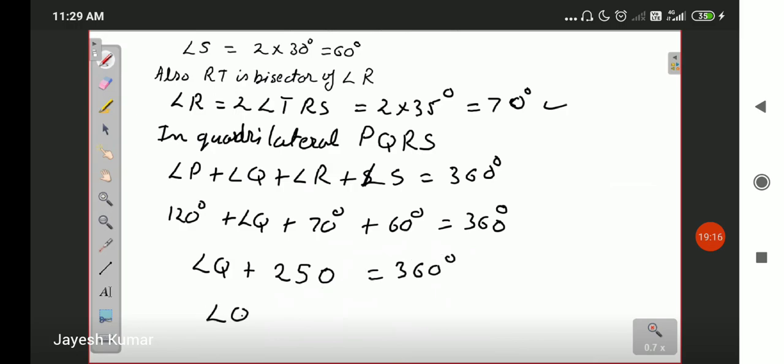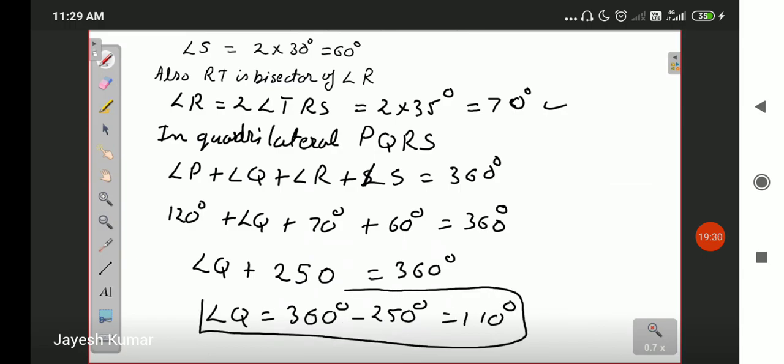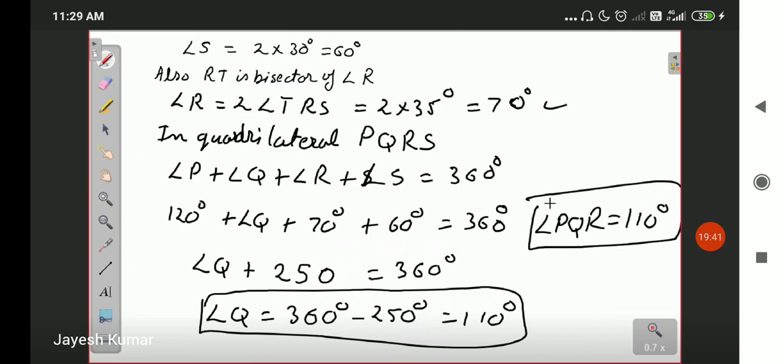That means angle Q will be equal to 360 degree minus 250 degree, is equal to 110 degree. Okay. So in this manner we have determined angle Q, or you can also call it angle PQR. You can write down its full name as 110 degree. Okay, that is up to you.